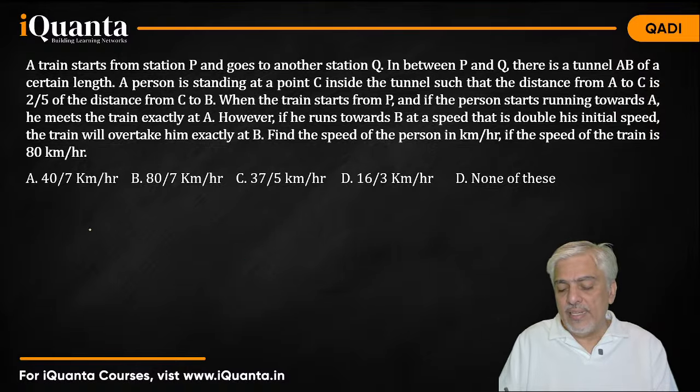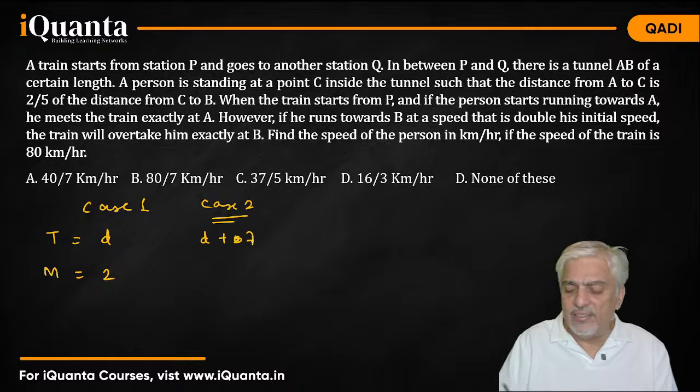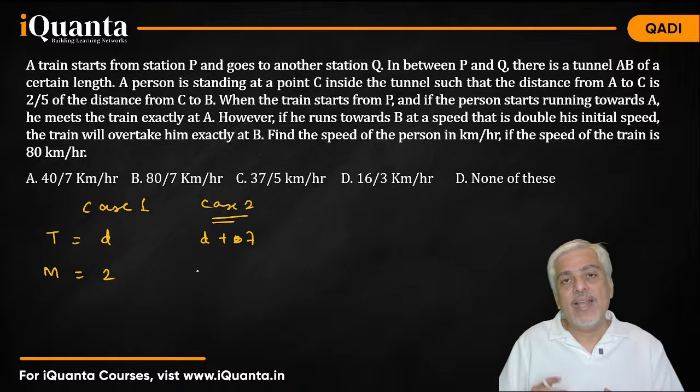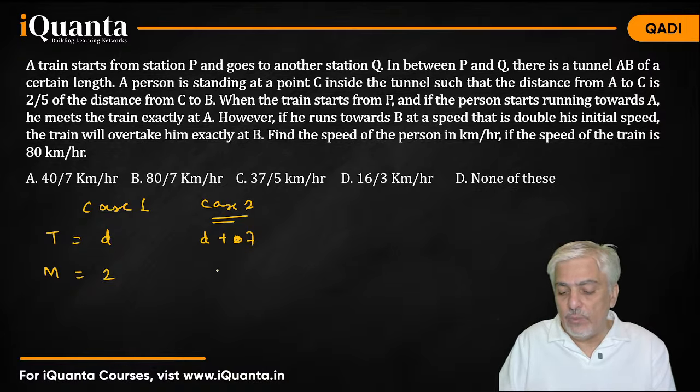What happens in case 1? Train covers D, man covers 2. Case 2, train covers D plus 7 and man actually covers 5, but if he was running at his usual speed, he would have covered only 2.5.